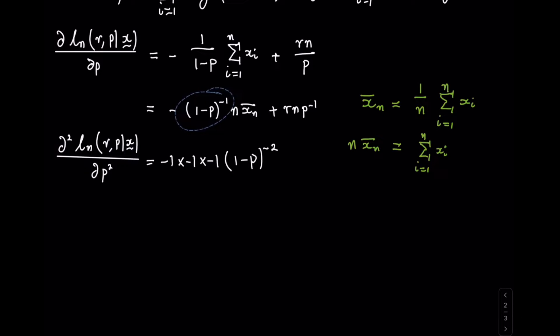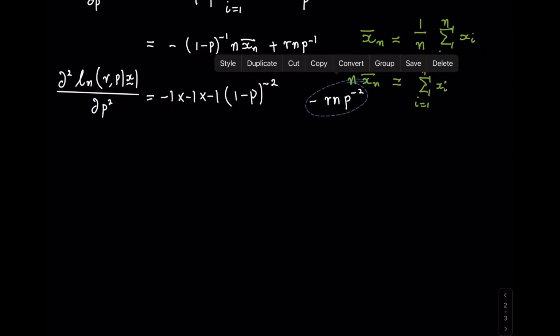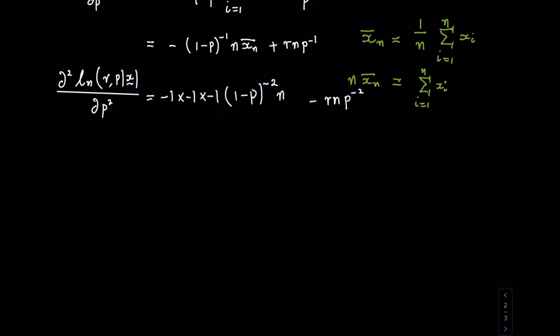The next step, of course, is to differentiate this one, and this one's not as bad, because again we just take the -1, bring it down the front, so it becomes minus, and then we've got Rn and then p to the -2 once you've taken 1 off the power. And apologies, before I get carried away with myself, we still, of course, have the n x bar n in this term here.